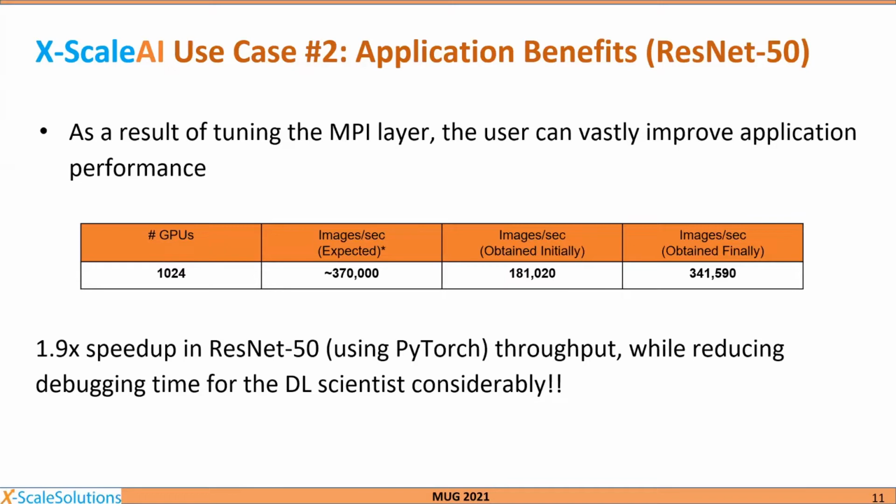The end result is quite significant as well. It improved the overall execution time by 1.6x, 90%. As it turned out, the key thing is to adjust some of the MPI layer parameters. All of this can be done using the DI to understand and adjust.